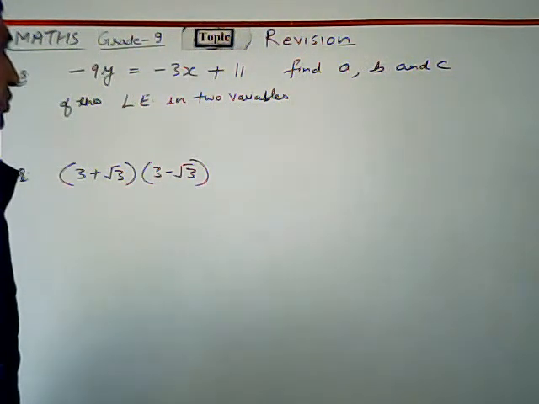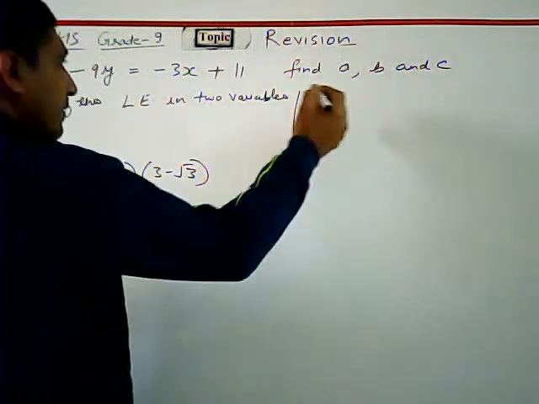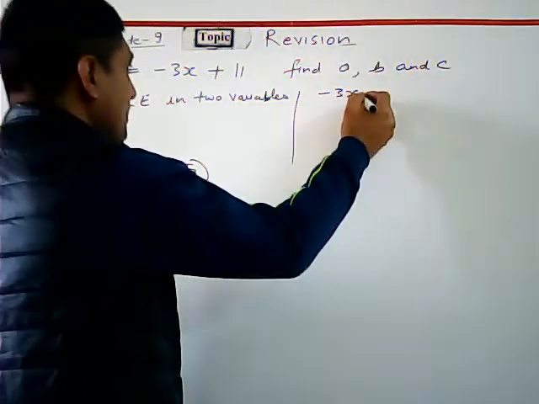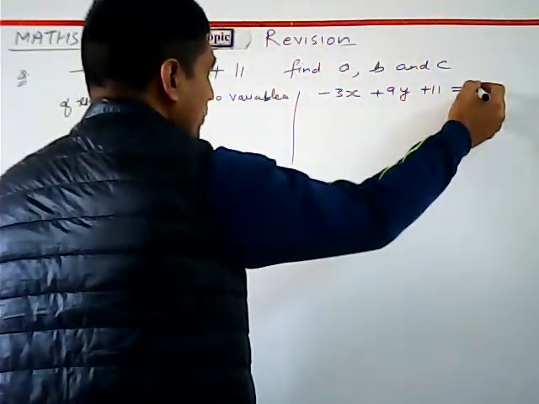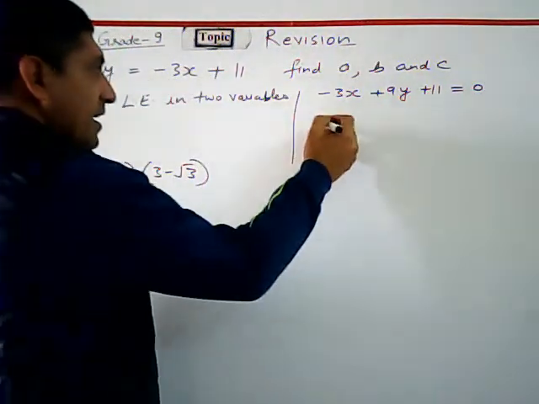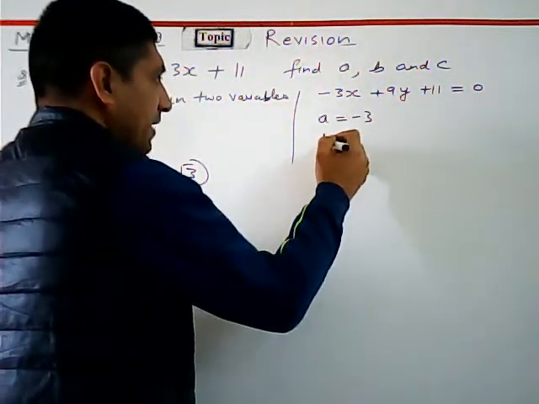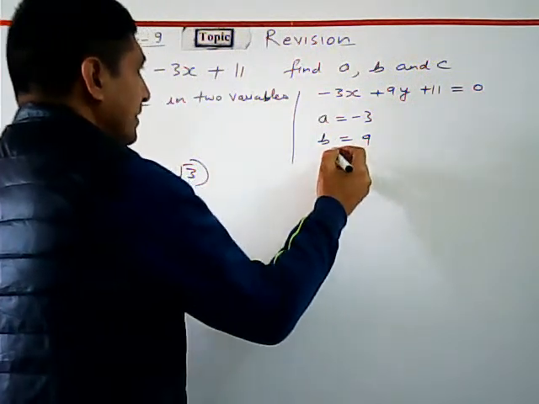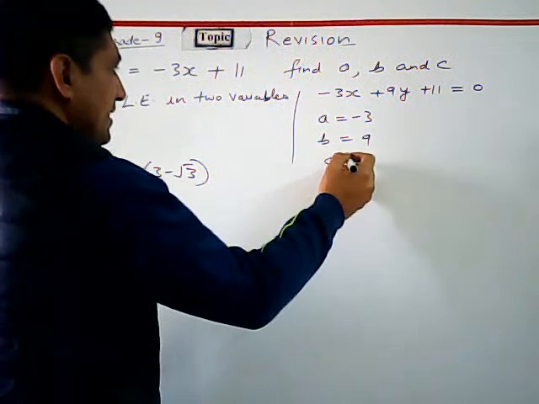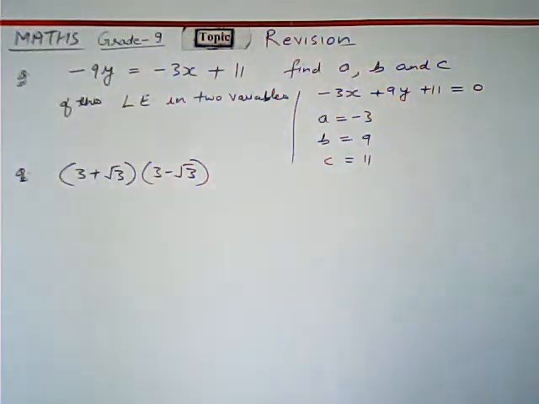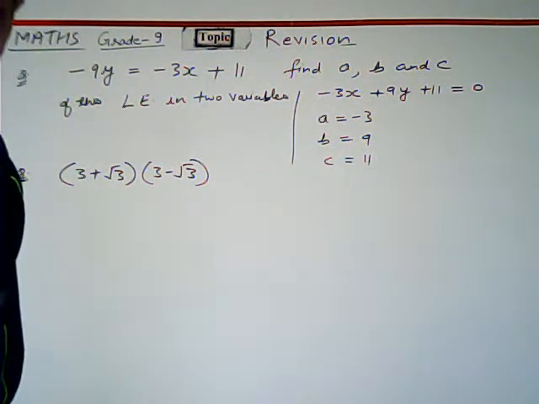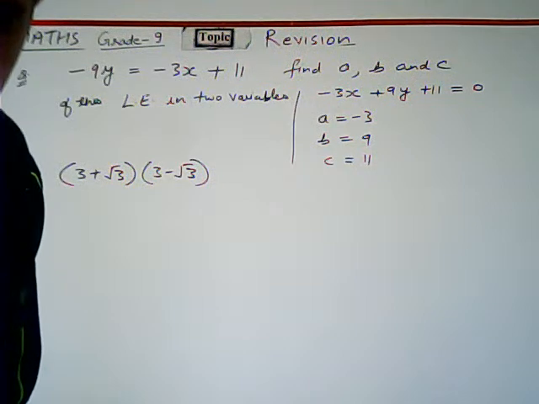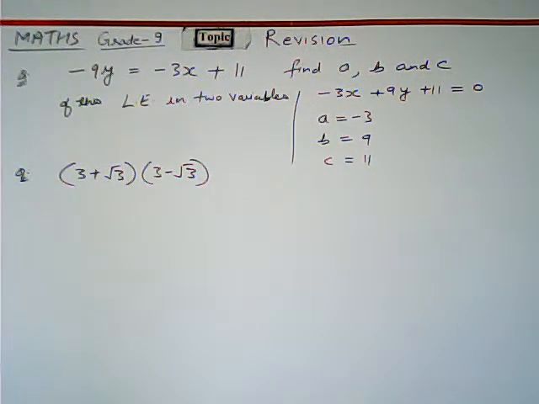If you choose the equation minus 3x plus 9y plus 11 is equal to 0, then A will become minus 3, B will become 9, and C will be 11.